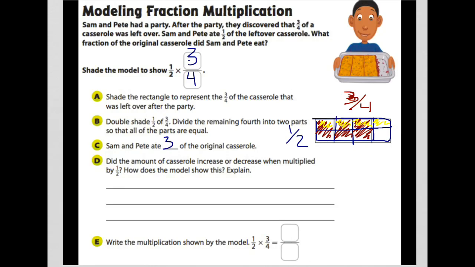So did the amount of casserole increase or decrease when multiplied by 1/2? How does the model show this? So when you multiplied 3/4 by 1/2, you actually got 8 sections.